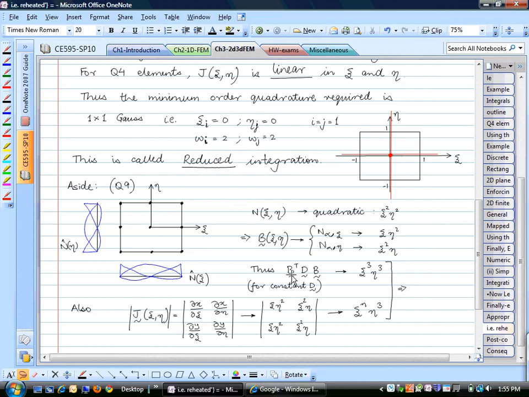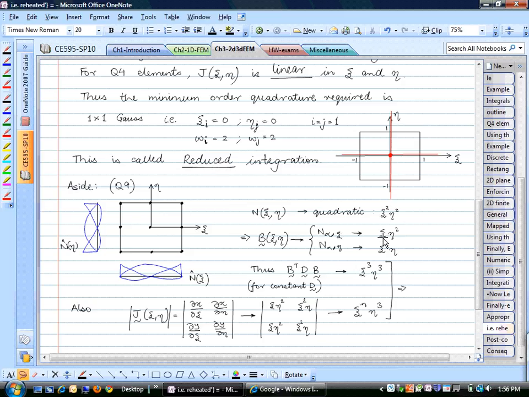So now B transpose DB would be nothing but take this matrix, multiply it with itself, assuming D is constant, and that would be order cubic. The same thing happens for J. If you remember, J in the Q4 case turned out to be linear, but in this case, these terms would be of this order, because this dx over dc will be of the order of this shape function times c.